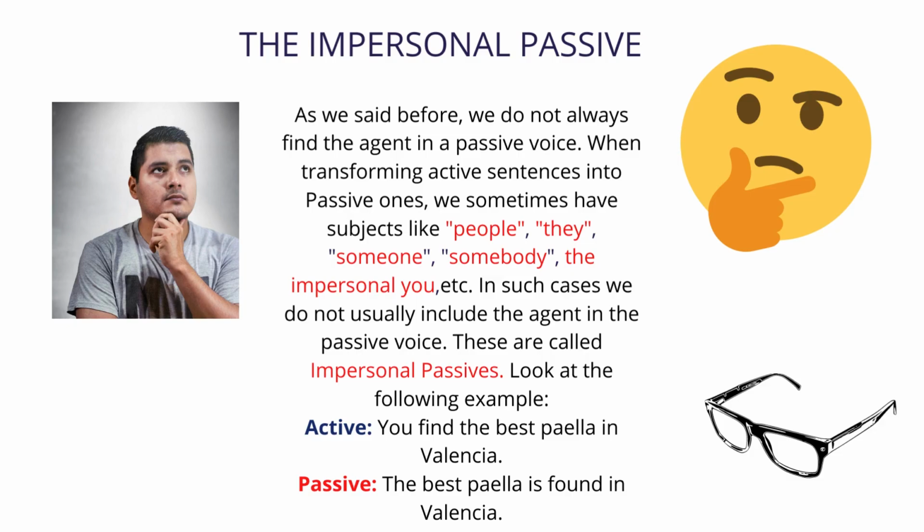So we've got more things. The impersonal passive. As we said before, we don't always find the agent in the passive voice. When transforming active sentences into passive ones, we sometimes have subjects like people, they, someone, somebody, etc. In these cases we do not usually include the agent in the passive voice, and these are called impersonal passives.